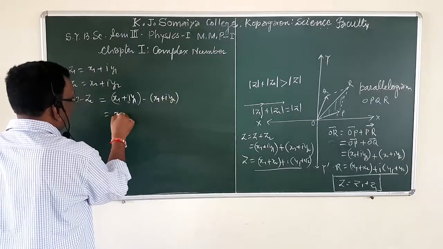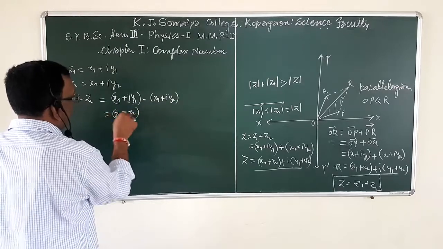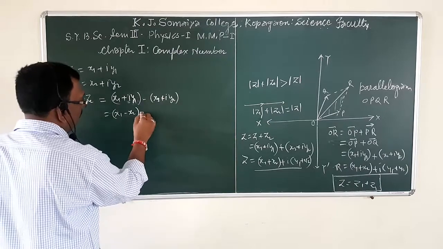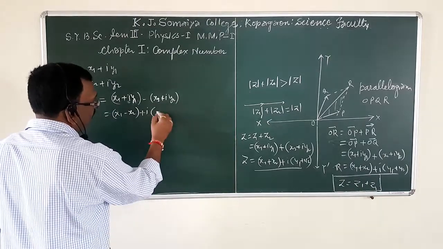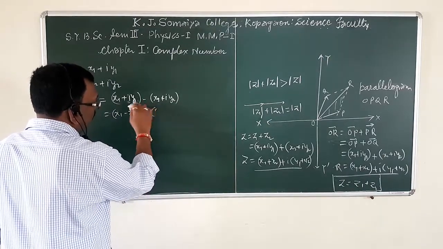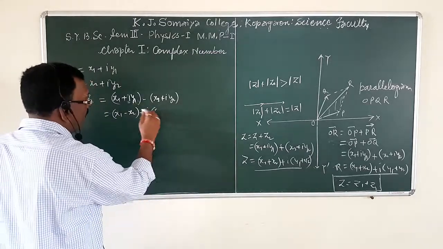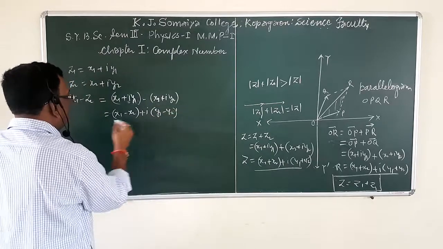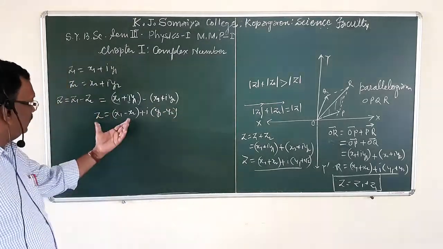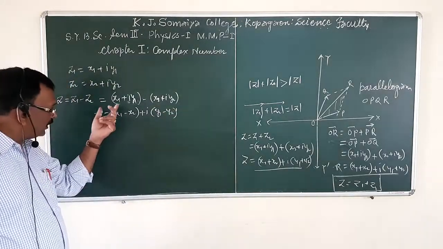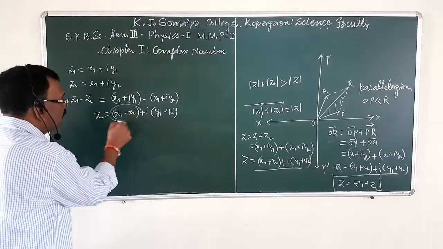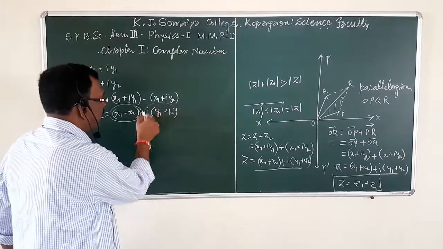Then we can write x1 minus x2, subtract the real part of the second number from the real part of the first number, plus i times, subtract the imaginary part of the second number from the imaginary part of the first number, that is y1 minus y2. And from this it is clear that the difference of two complex numbers is also a complex number whose real part is this and whose imaginary part is this.